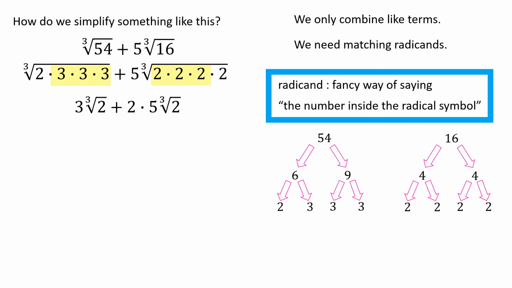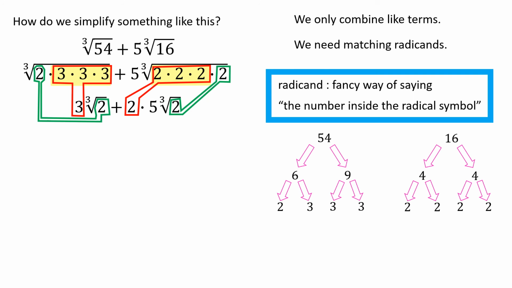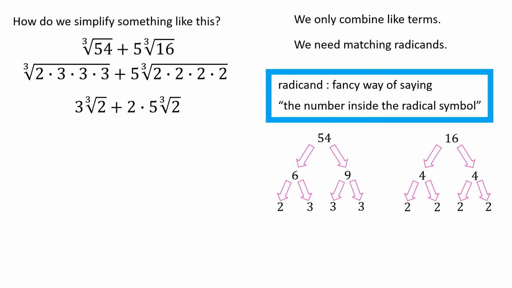So I've actually got to do 2 times 5. Right? If I can take a cube root, I can put the digit out in front as a coefficient. And then of course, if there's a number that's left behind, that stays inside. And notice those match, right? 2 matches 2.